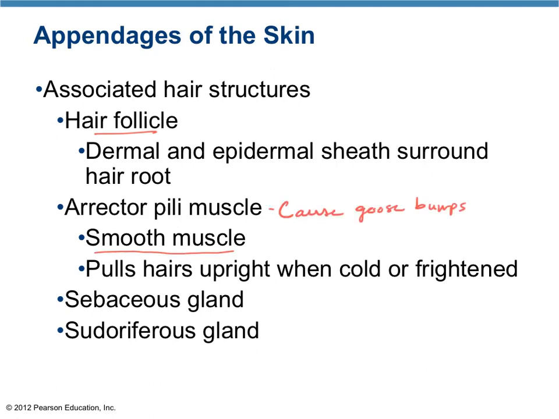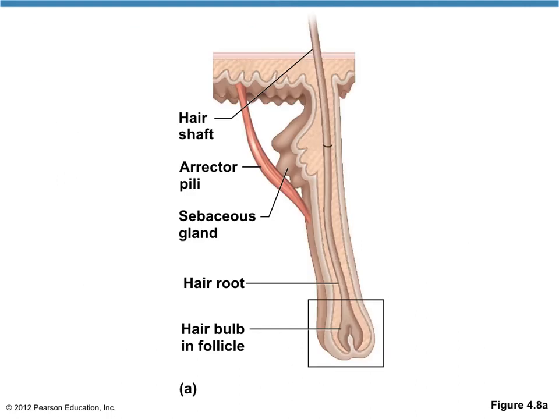If anyone has ever had goosebumps, then you know exactly what this is, right? When the hairs on your arms, for example, stand up on end, that's because of the erector pili muscles. And associated with hair follicles are also the sebaceous glands and the sudoriferous glands that produce both sebum and sweat.